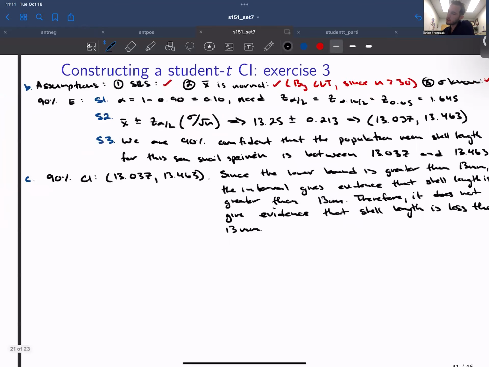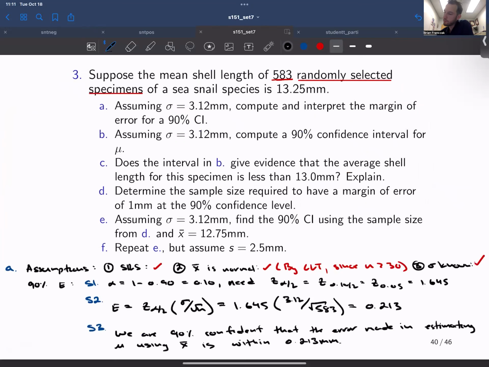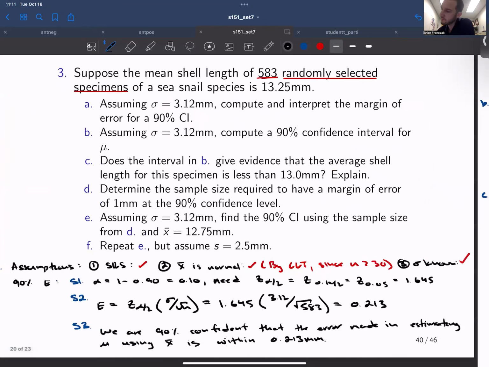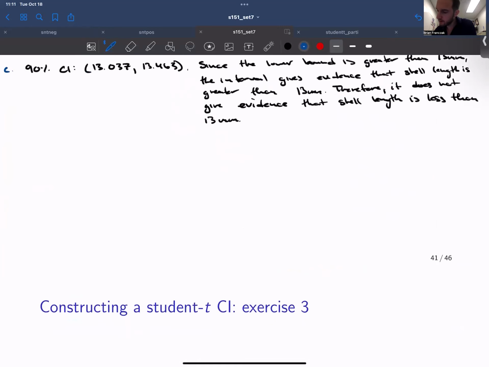Okay, D, determine the sample size required to have a margin of error of 1 millimeter at the 90% level. So here we want to find n given E is equal to 1. So we have n is Z alpha over 2 times sigma divided by E, all squared.